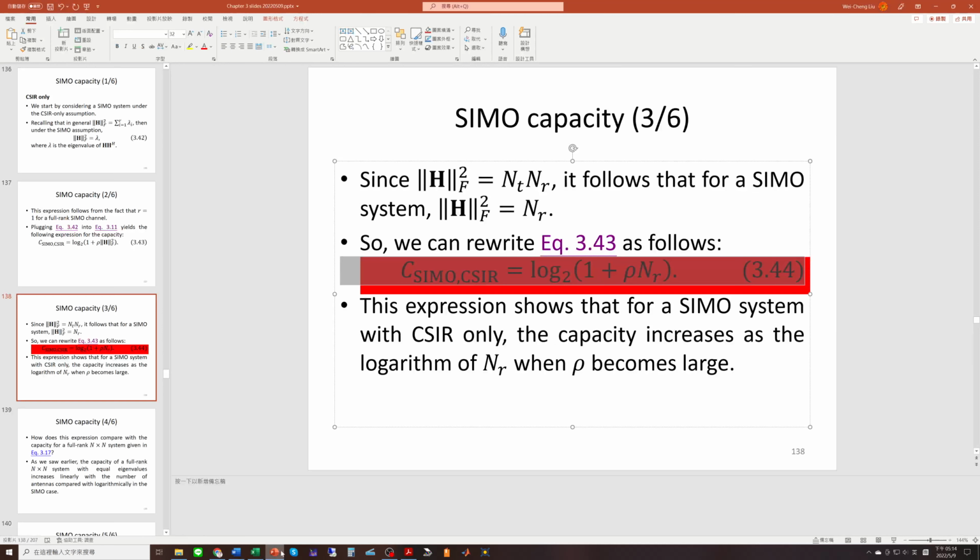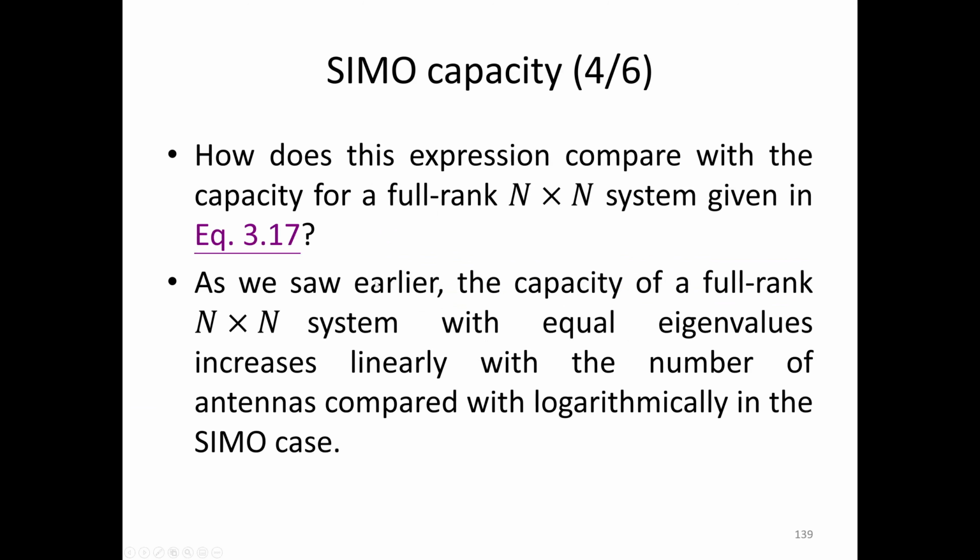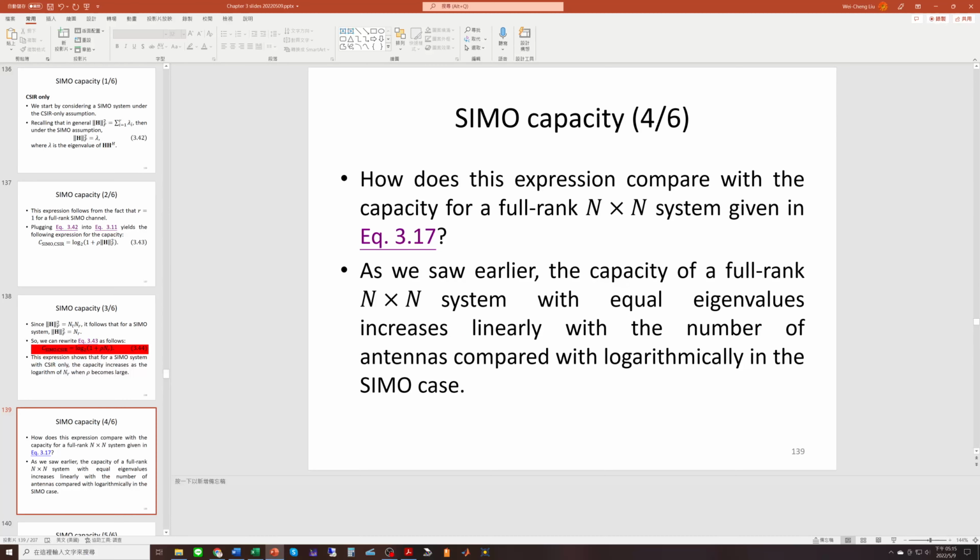Let us go back to the slides. As we saw earlier, the capacity of a full-rank N by N system with equal eigenvalues increases linearly with the number of antennas. Let us go to the blackboard.